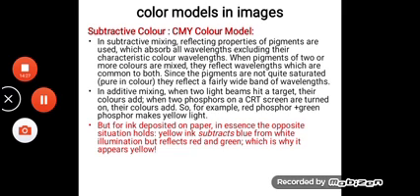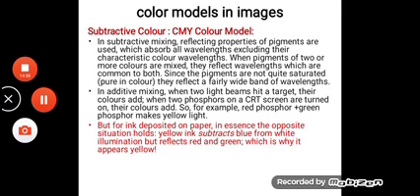Let us consider a case where a white paper is there, and you put some drops of any color on it. That particular paper is going to absorb all the other colors, but it is going to reflect the characteristic of the color with which it has been formed.